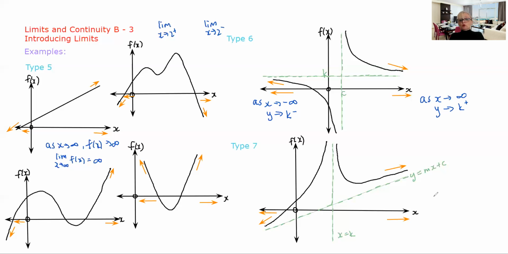Here we've got an example where we have a vertical asymptote and an oblique asymptote. As x is tending towards infinity here, the function is actually tending towards this line from above. So as x tends towards infinity, y is tending towards that line, the asymptote, from above.